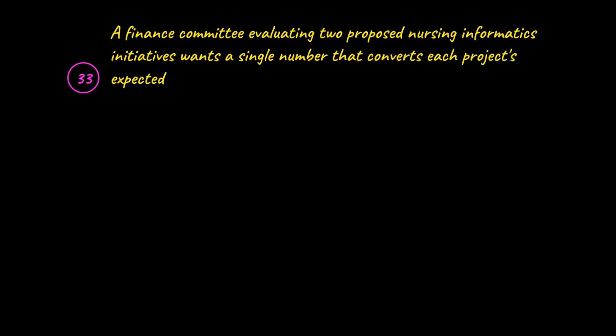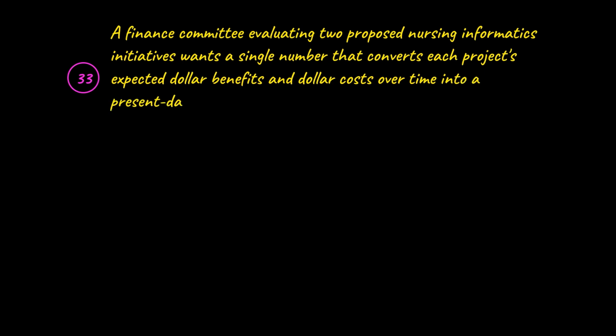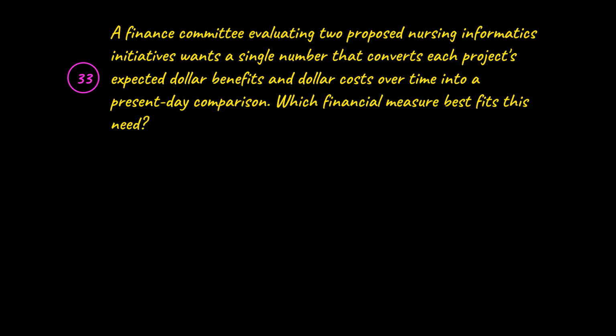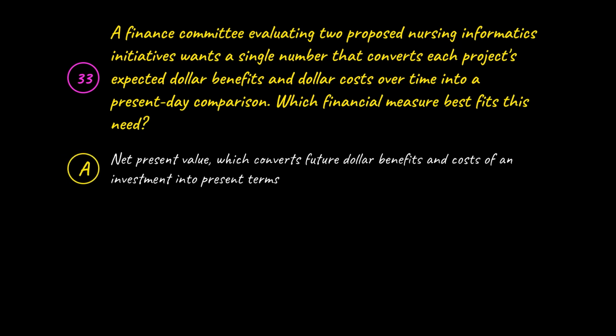Question 33. A finance committee evaluating two proposed nursing informatics initiatives wants a single number that converts each project's expected dollar benefits and dollar cost over time into a present-day comparison. Which financial measure best fits this need? Your options are A. Net present value, which converts future dollar benefits and cost of an investment into present terms.